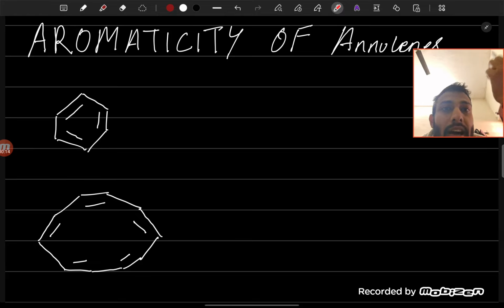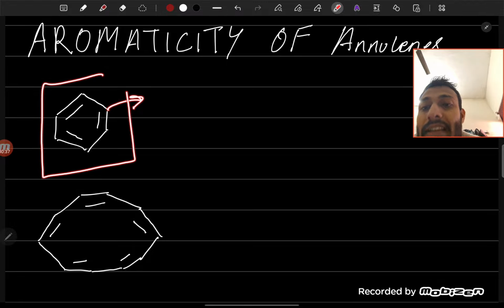Annulene rings are compounds that have a conjugated pi bond system, and we can call it an annulene if it has planarity too. Take a simple example like a benzene ring. This ring is small in size, that's why it lies in a single plane.